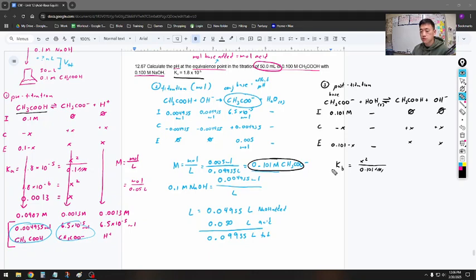Instead, what we have to do is find Kb using Ka. If you take a look at your AP equation sheet, you should see this relationship. Ka times Kb is going to equal Kw, and Kw is going to equal 1 times 10 to the negative 14. So to solve for Kb, we do Kb equals 1 times 10 to the negative 14 divided by Ka, which is 1.8 times 10 to the negative 5.